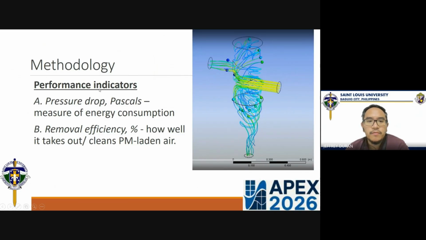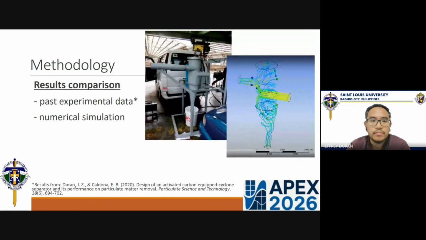As part of our performance indicators, we have made use of the pressure drop, which is a measure of energy consumption and how well the gas stream will be able to move through our cyclone separator. The second one is the removal efficiency or separation efficiency, which is how well the device takes out the particulate matter within our system.